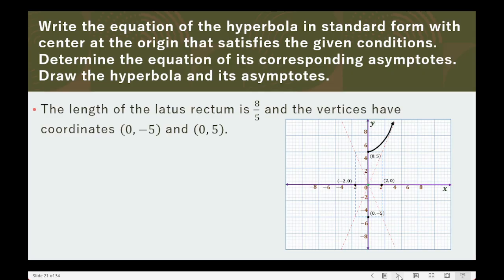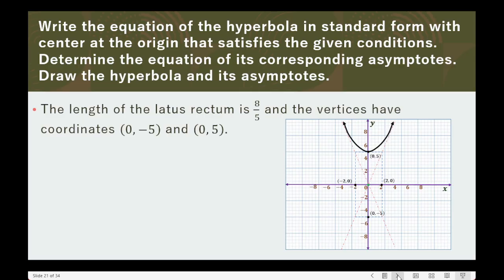Then, using a smooth curve, you are now going to draw the curve of the hyperbola starting from one vertex, and going this way, approaching one of the asymptotes, but the curve will never touch the asymptotes.